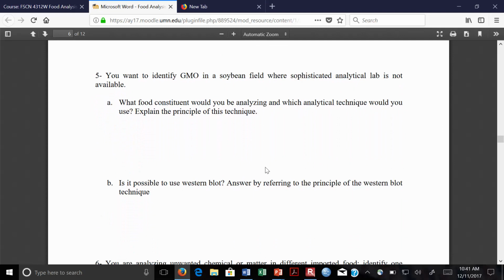Okay, so you want to identify GMO in a soybean field where you don't really have a lab. And we didn't get to that part in lecture, but you can actually do a strip, which is called lateral flow test strip, instead of doing a full-blown analytical technique in a lab.